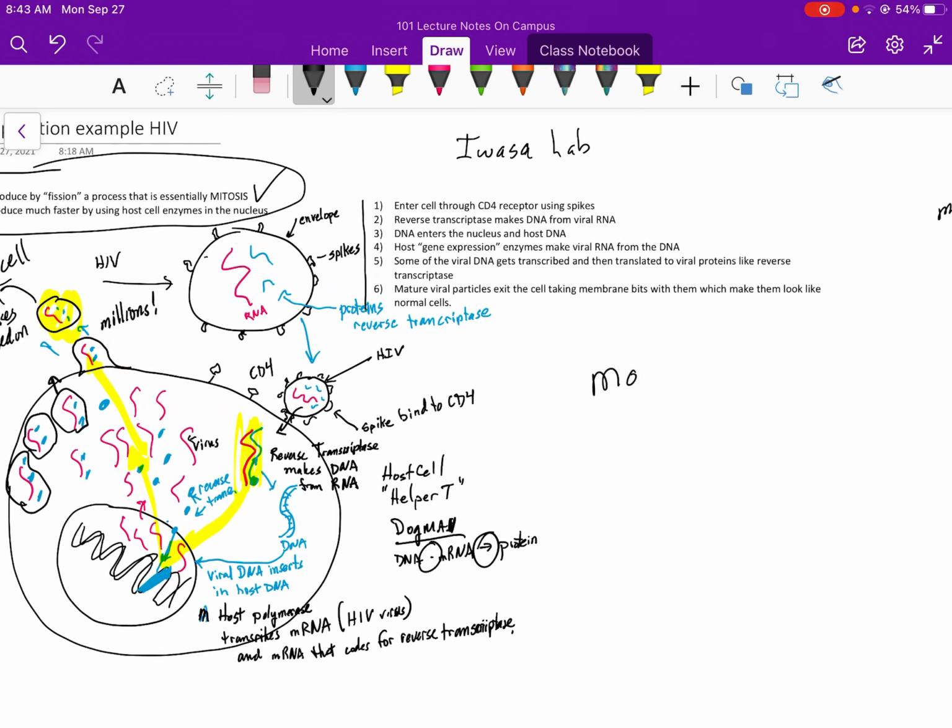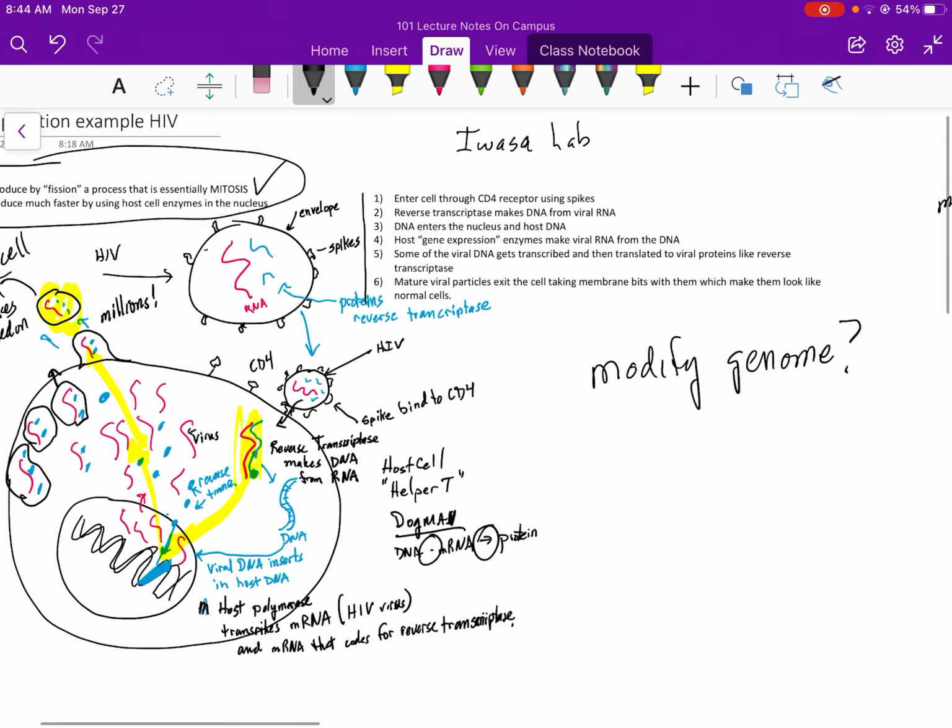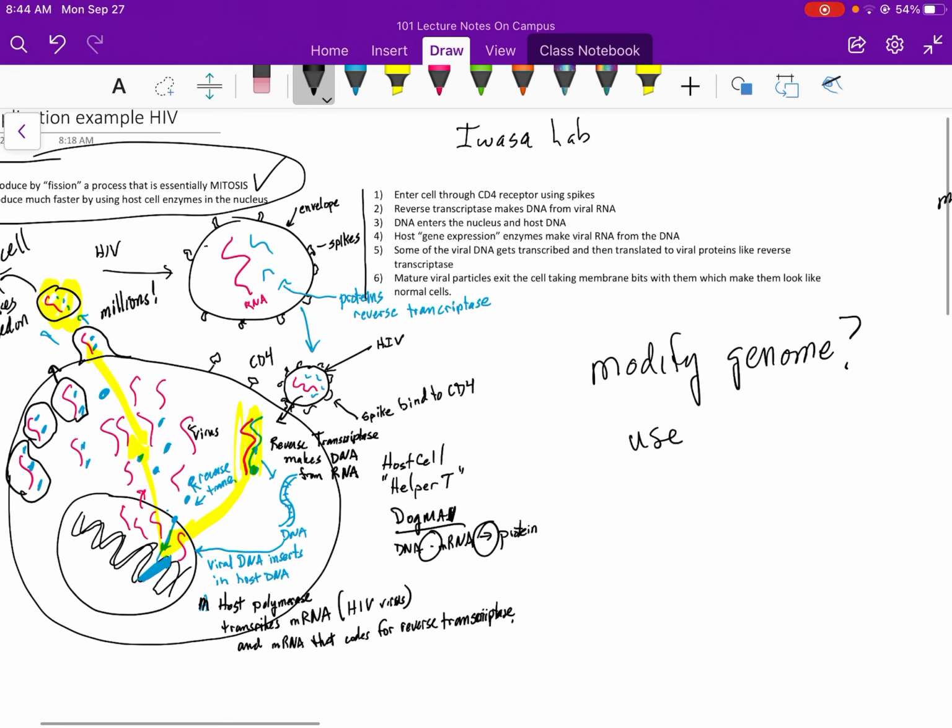So if you want to modify the genome, right, could you use this? And yeah, you could use an HIV-like tool. Now I say HIV-like because what they like to do is take the properties of a thing that can insert itself into the genome, right?